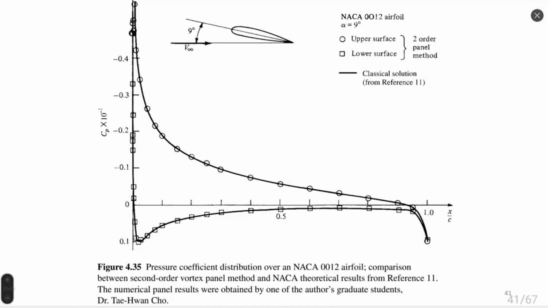What are the advantages and disadvantages of this panel method? Why do we prefer CFD instead of the panel method? There are a lot of discussions about this. The main advantage of the panel method is that it's simple, so it does not require a lot of computational power.